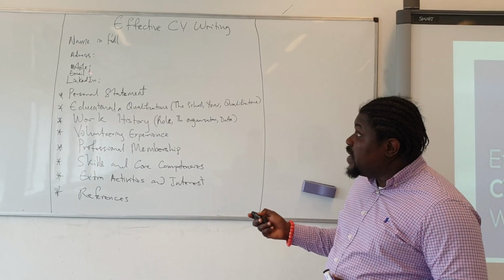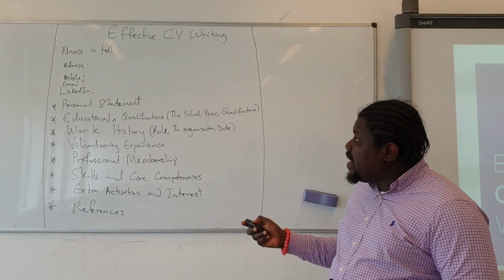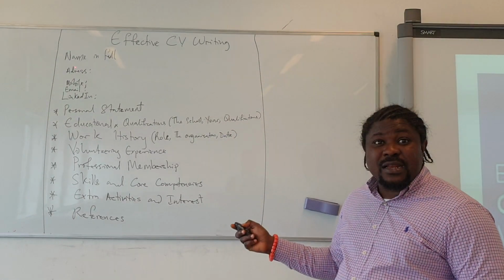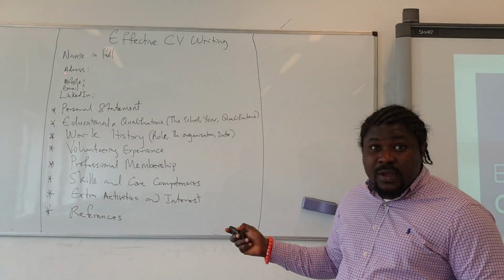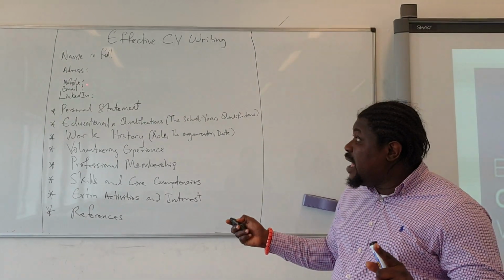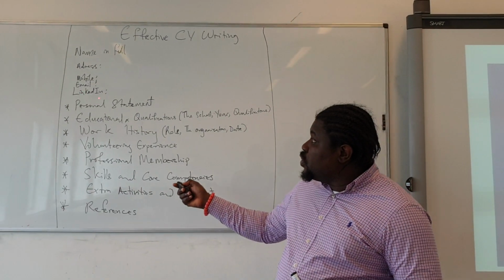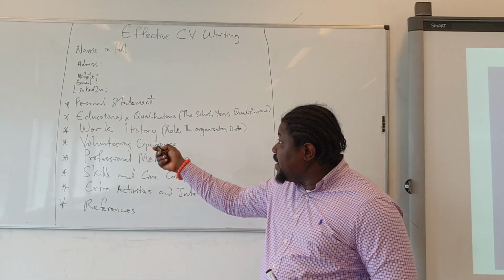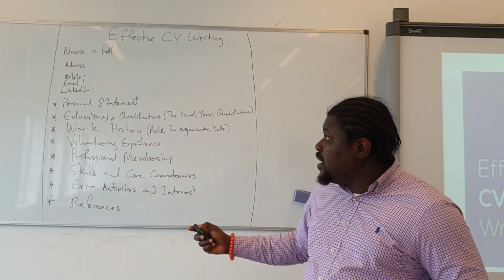Then your address has to be on the CV, and then your mobile number so that they can get in touch with you at any point in time, as well as your email, your functional mobile number and your functional email. And then you can also put the link of your LinkedIn profile there so that they can find you on LinkedIn.